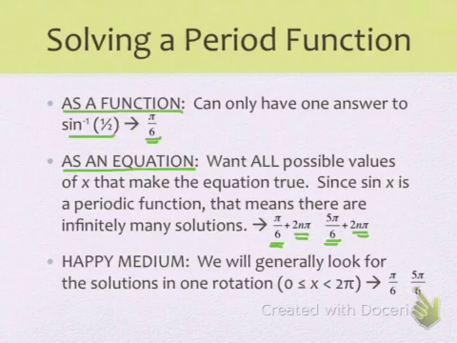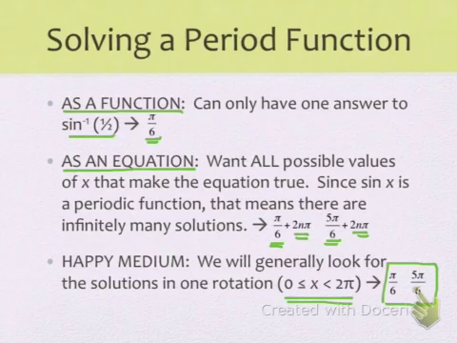So when we start going through our examples in class, we are going to just limit the solutions we're looking for to one period. So we are looking for the x values in the range from 0 to 2 pi that would make our equation true. In this case, we would really be looking for just the pi over 6 and the 5 pi over 6.